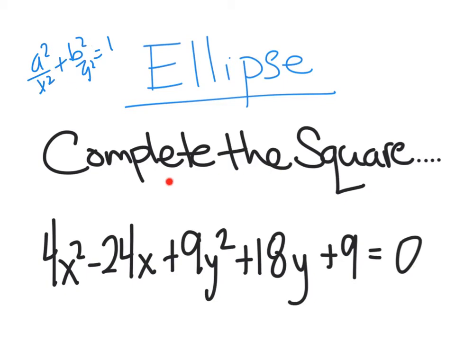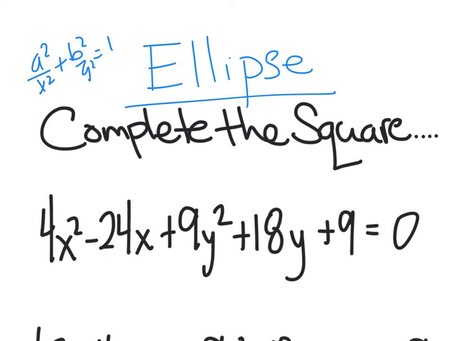So we've done some basic completing the square with quadratics, and it's the same here, except we're going to group the x's separate from the y's, and because the equation of the ellipse has a 1 on the right-hand side, we know we're going to take the plain number and move it over to the right-hand side.